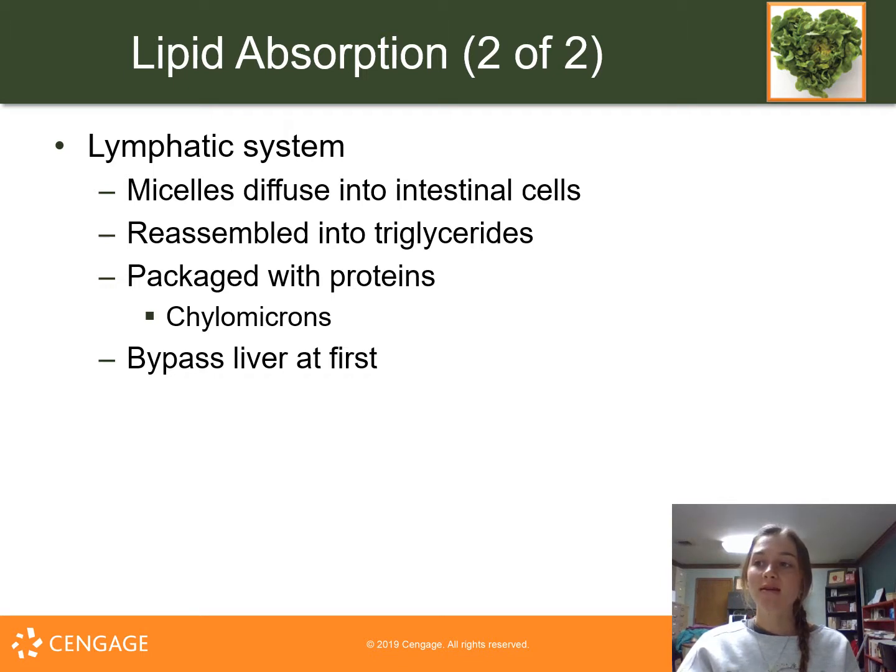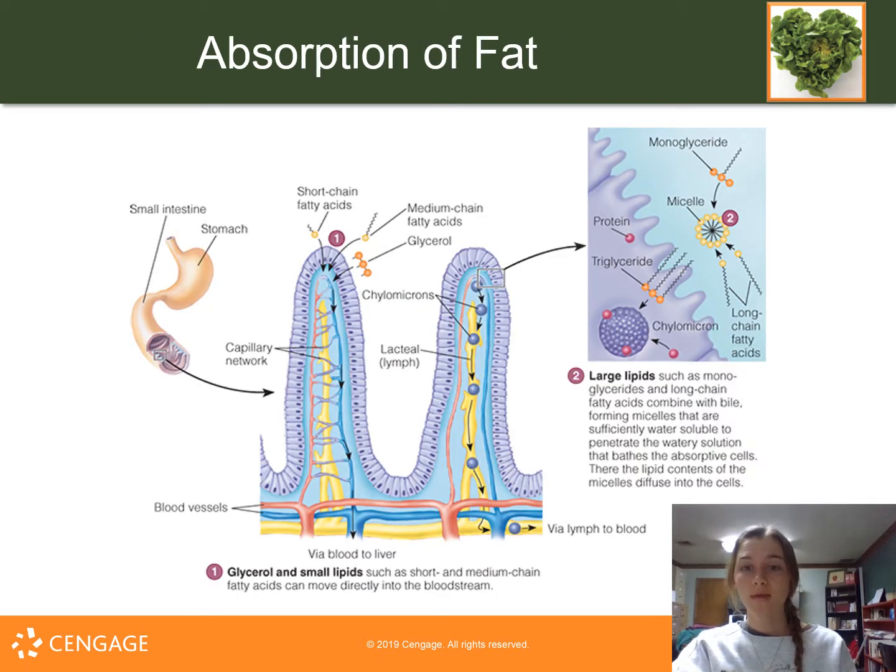Then the blood carries the lipids to the rest of the body for either immediate use for energy, or storage. So the end products of fat digestion, again, are mostly monoglycerides, some fatty acids, and a little glycerol, and their absorption differs depending on their sizes.